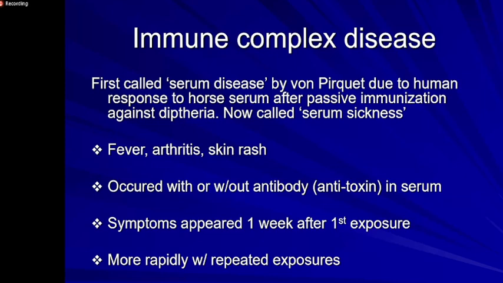And he said symptoms will appear maybe 1 week after exposure. That's okay, because we know that if you get an antigen, it takes about 1 week for you to get antibodies. And if you continuously get exposed to the same antigen, you are making antibodies which are better and more focused on that antigen. So the condition will become worse as time progresses.